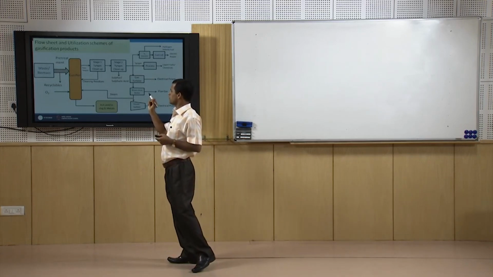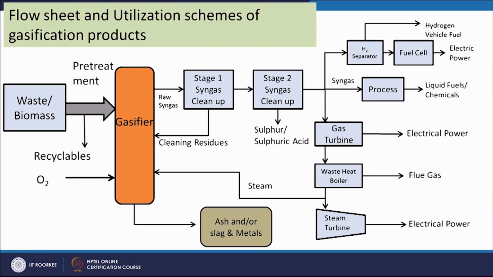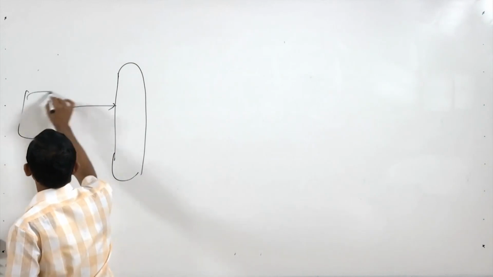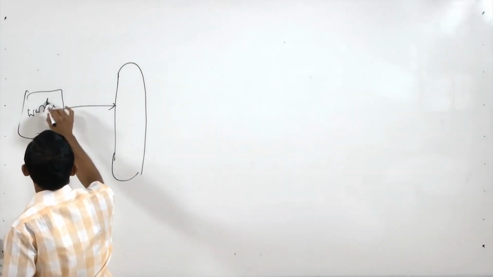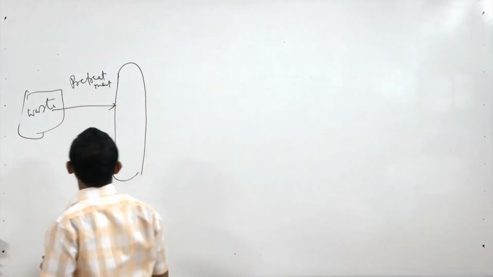If the carbonaceous material is waste and biomass, the pre-treatment is a must. Segregation, sorting and homogenization are required, and after pretreatment the material will come to the gasifier.